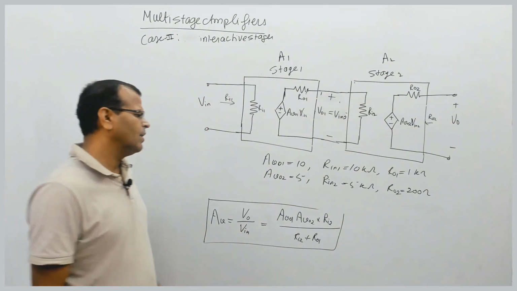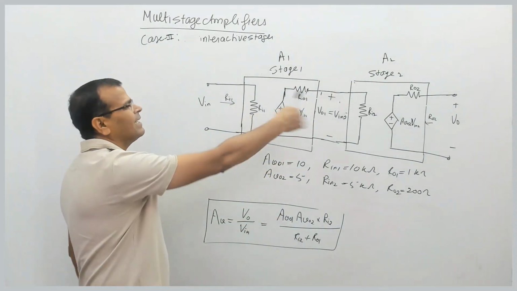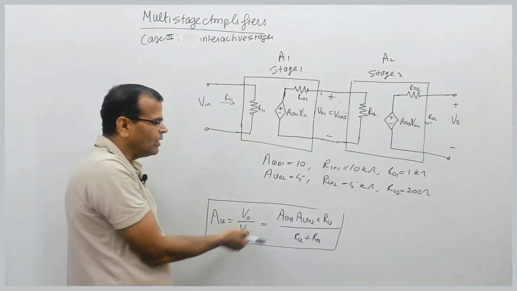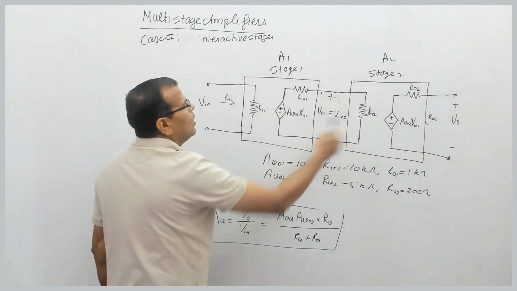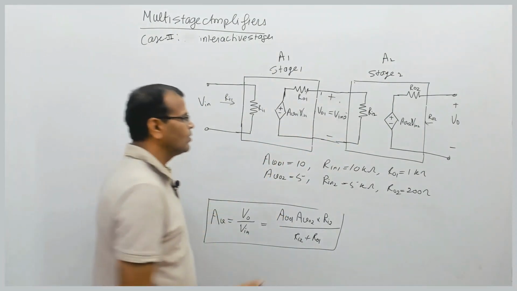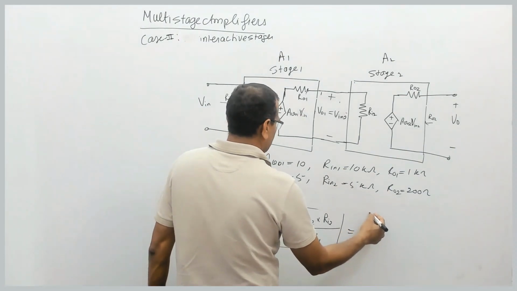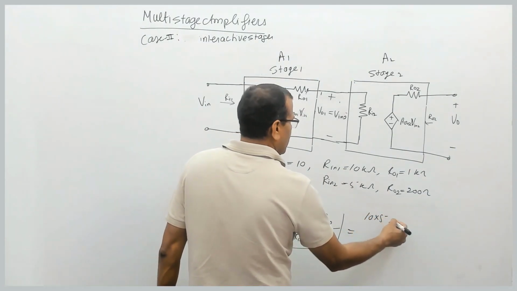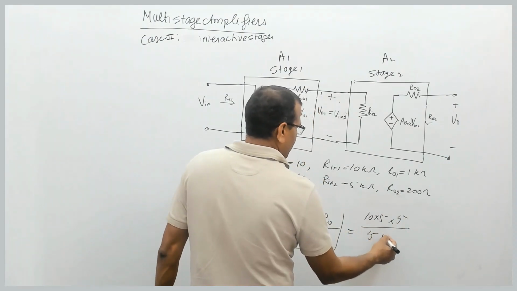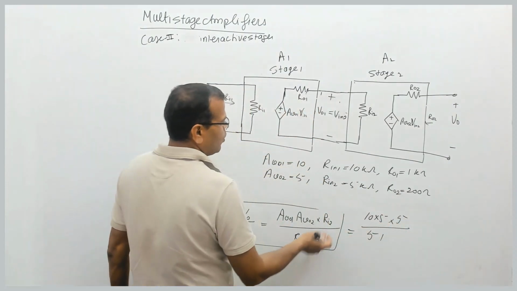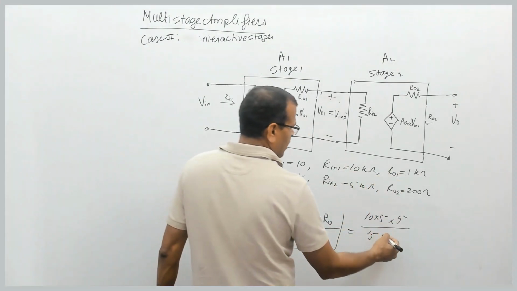That's it. In GATE, if you don't remember it, you don't need to mug it up. The only thing is you should remember the concept. So this is equal to 10 multiplied by 5, multiplied by Ri2 divided by Ri2 plus Ro1.